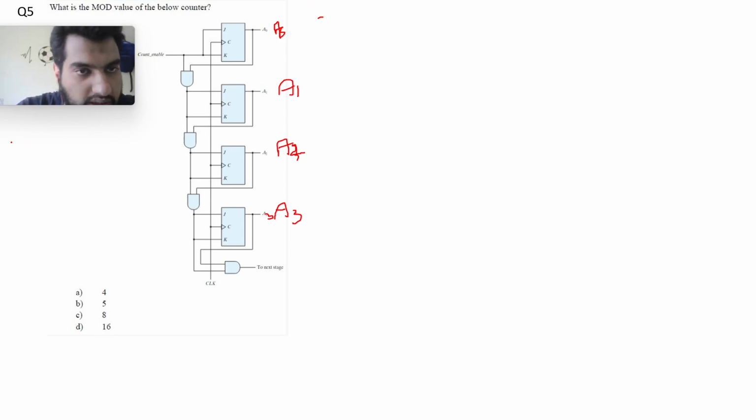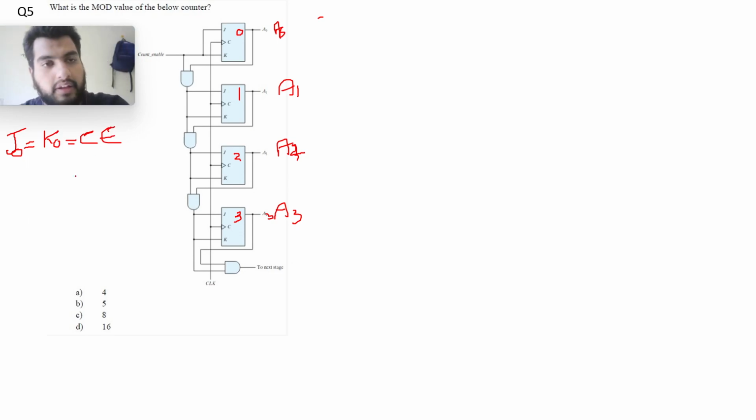Let's first write the values of J0. This is 0, this is 1, this is 2, and this one is 3. So my J0 equal to K0 is equal to count enable, that I will write CE in short. And my J1 is equal to K1, because they are both connected to the output of this AND gate. What is that output?